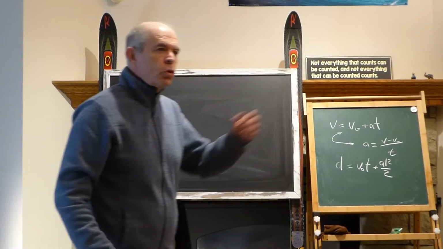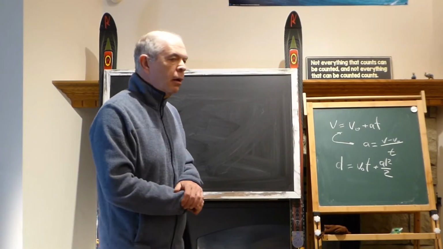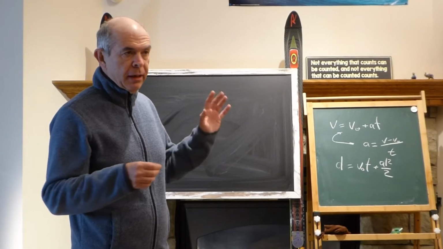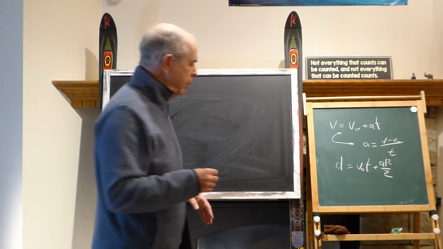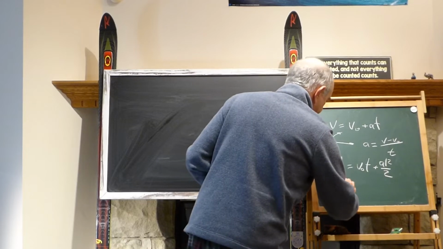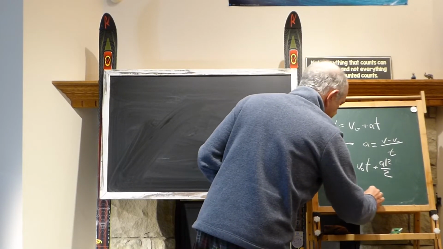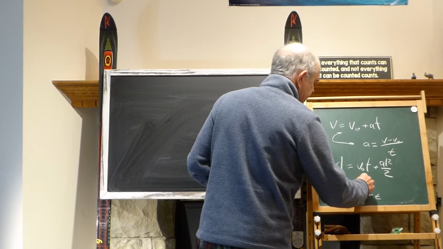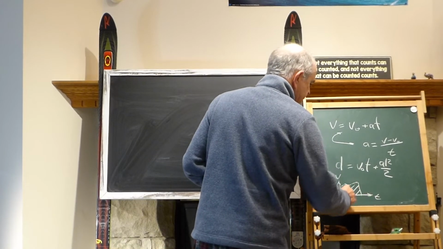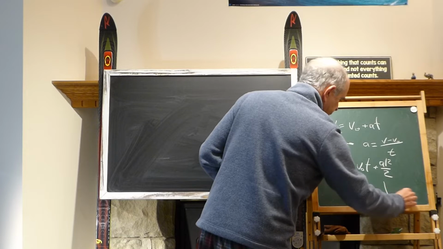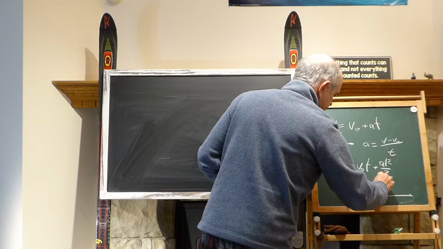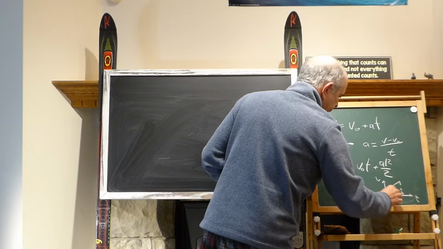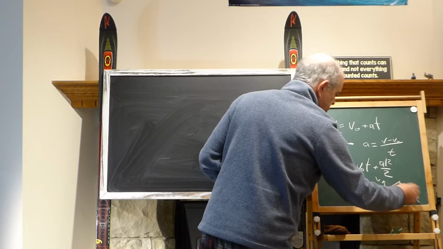And remember, I showed you that you can derive this formula if you look at the area under V over T. In case of constant acceleration, the V goes linearly, and this is a trapezoid, and you define this area.